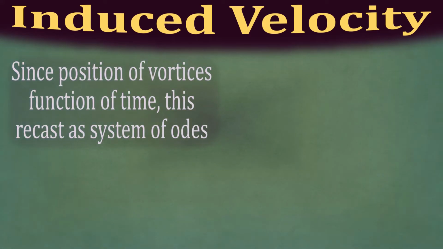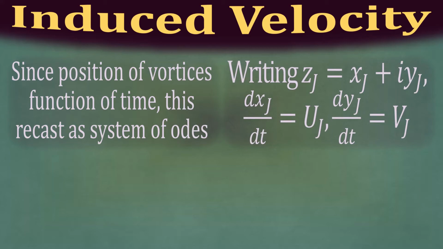Note that since the position of the vortices is a function of time, this can be recast as a system of ODEs. Writing zj is equal to xj plus i yj, we have that dxj over dt is equal to uj and dyj over dt is equal to vj.